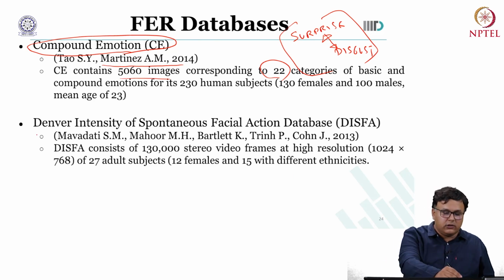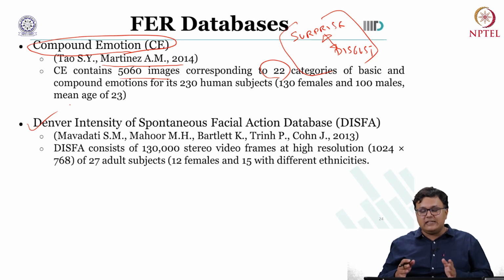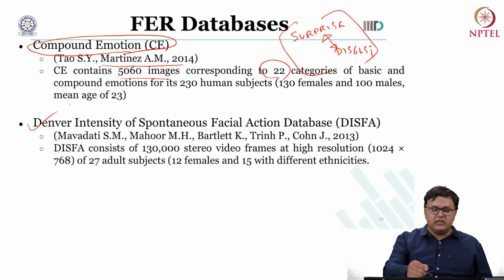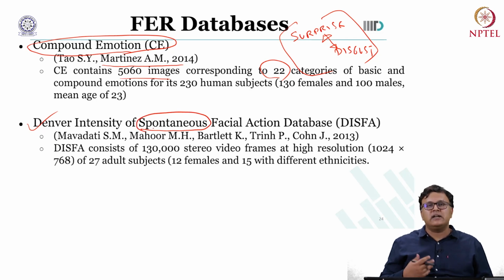Then, friends, we also have the DISFA data set from the University of Denver. It stands for the Denver Intensity of Spontaneous Facial Action data set. Now, as the name suggests, this is spontaneous. That means the users were shown, let's say, a series of videos, which could have positive or negative emotions, and the expectation is that some emotion will be induced in the viewer and shown in terms of facial expressions, right?